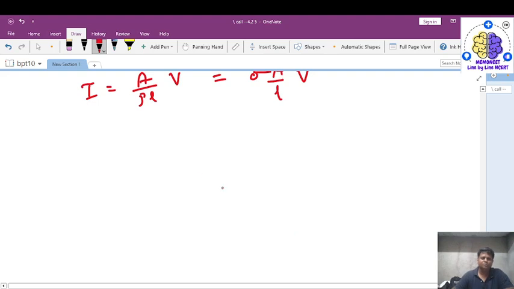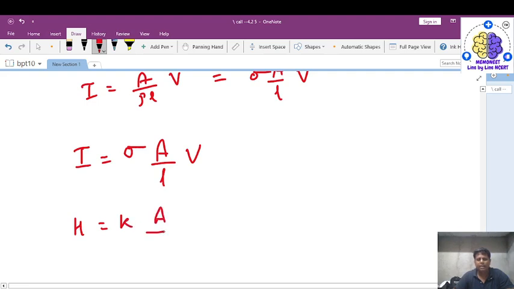So for I we have conductivity into area of cross section upon length of the conductor into voltage, and for heat we have H is equal to thermal conductivity K A upon x into T1 minus T0.